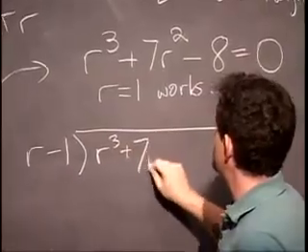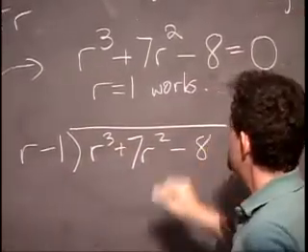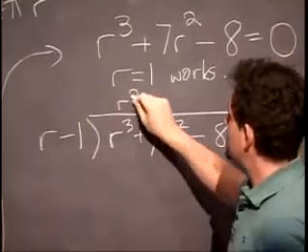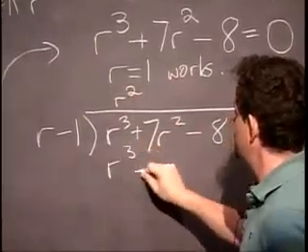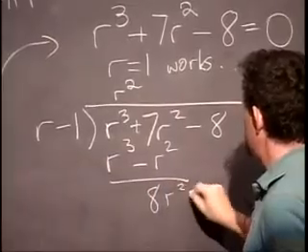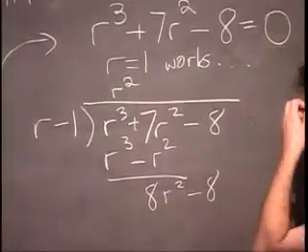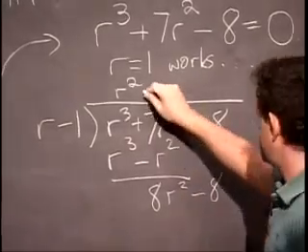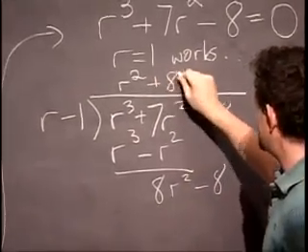Yes, you have to set up a division. You must have a factor of r minus 1. And if we try this, we get r squared, r cubed minus r squared, and we have 8r squared minus 8. So that is going to be what? Plus 8r.